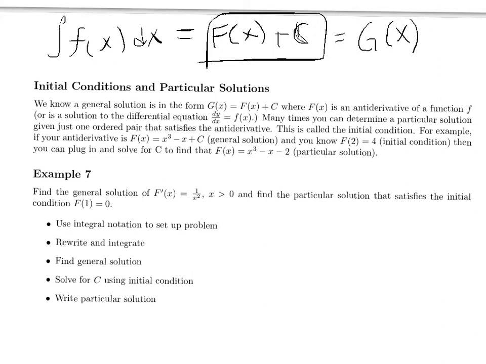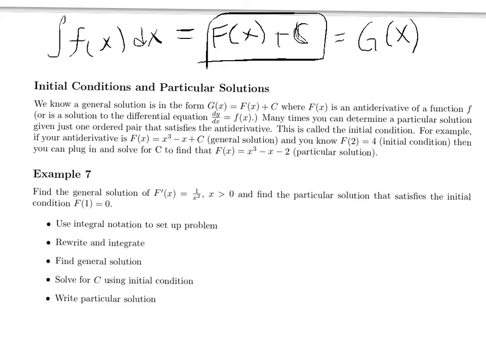Now the truth is, in real life, we're usually talking about one particular equation, not the general solution. So now we're going to talk about how to find those particular solutions using initial conditions, okay? Initial conditions are going to be a value of your function that will help narrow down the possibilities and help you solve for the constant c.